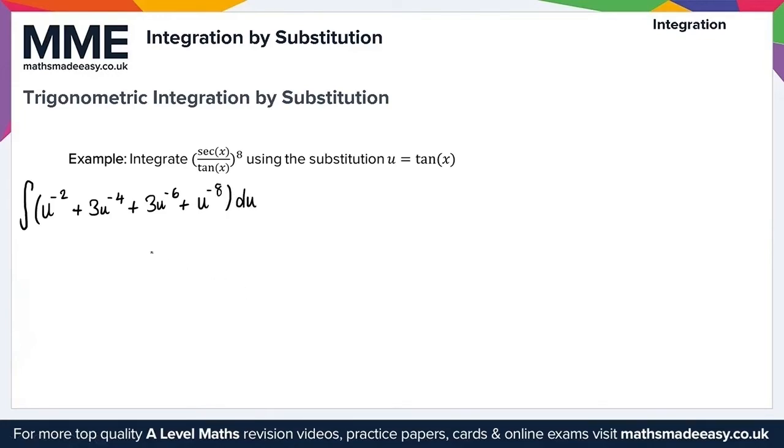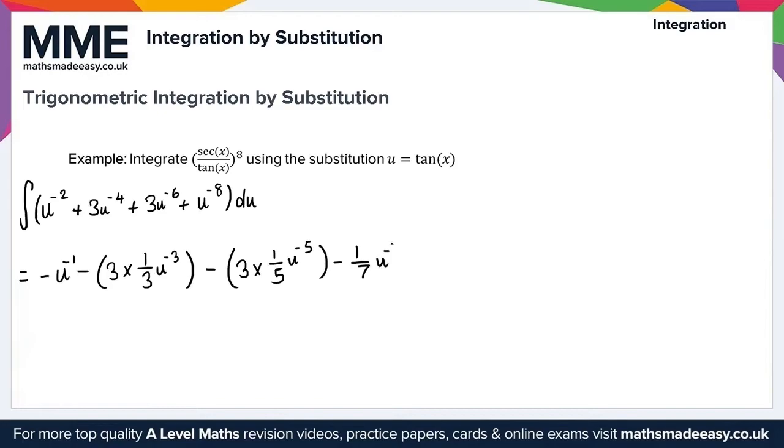So here, we start integrating this. What I'm going to get is minus u to the minus 1. Then minus, and we'll write this in a bracket to make it clear, 3 times a third of u to the minus 3, minus 3 times 1 over 5, so this is for the 3u to the minus 6 now, 1 over 5 u to the minus 5. This u to the minus 8 would simply become minus 1 over 7 u to the minus 7.